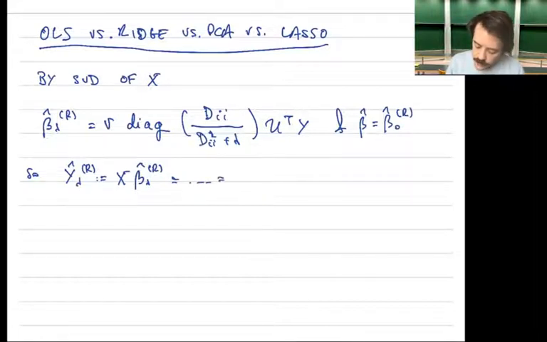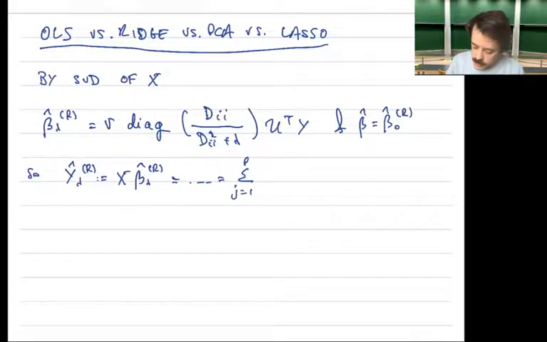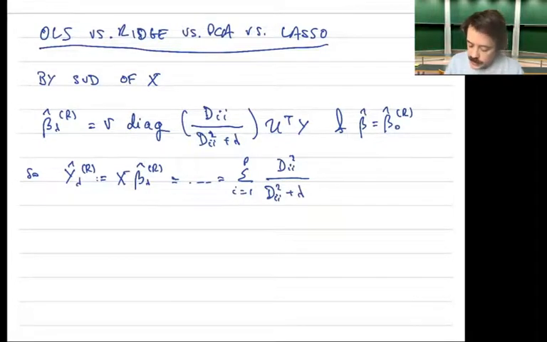If you do this computation, you'll find that this is just the sum from i equals 1 to P, so all of the elements, and crucially we get d_ii squared over d_ii squared plus lambda, times the ith column of U, and then the dot product with Y. I will comment on this in a sec.